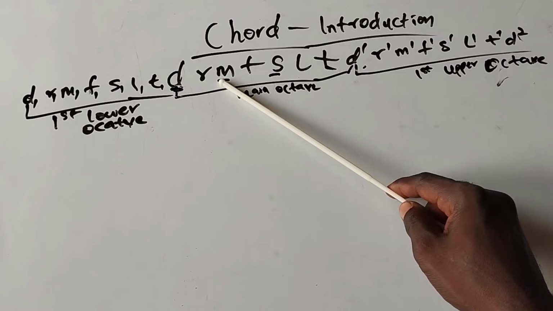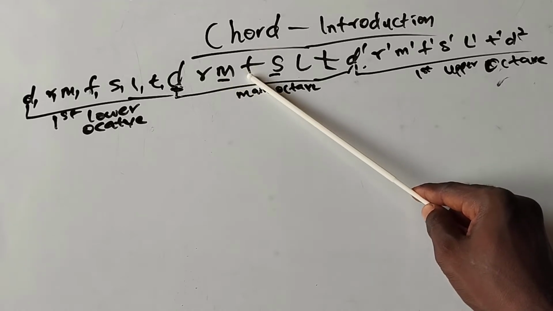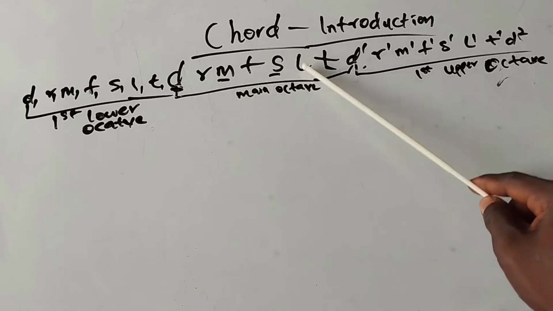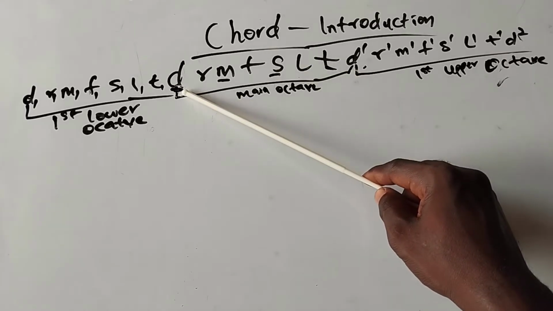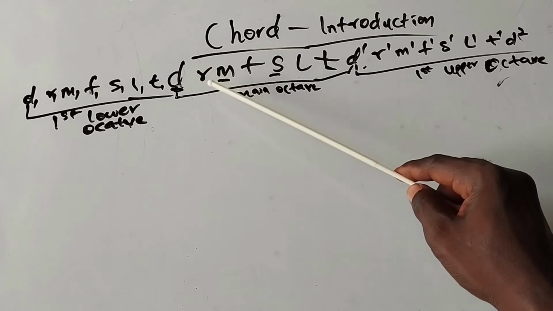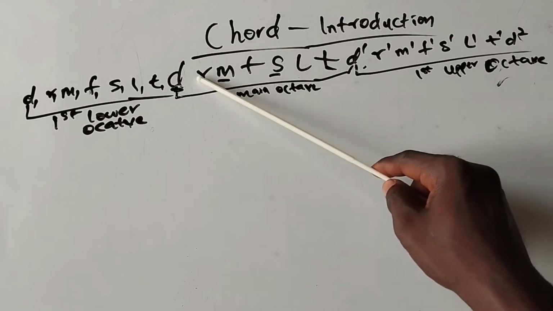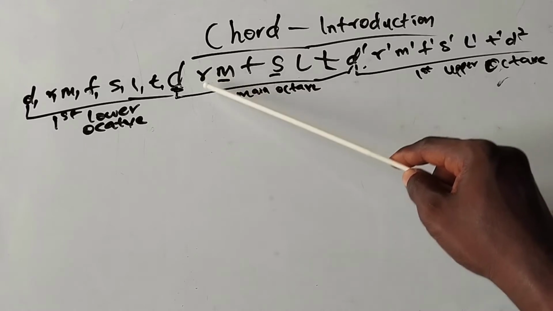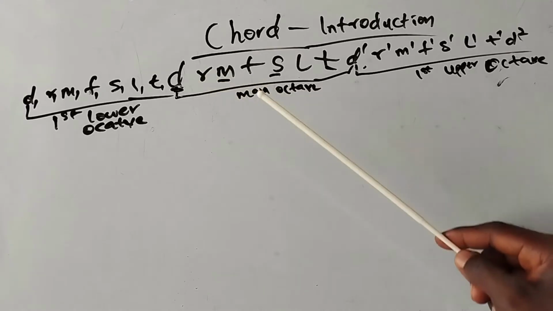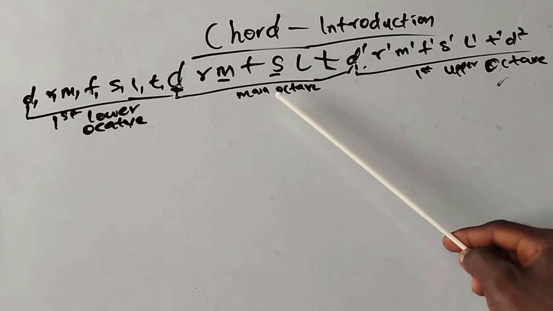From mi, you call it mi chord. From fa, you call it fa chord. The root chord is the name of the note that started the forming of the chord. I hope you understand. If I start from re to form a chord, the chord will bear the name that started it. That is what we call root chord, because we still have inversions of those things.